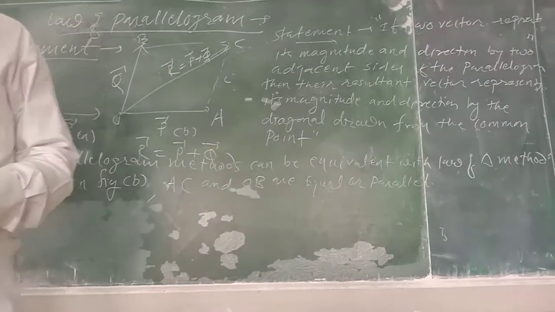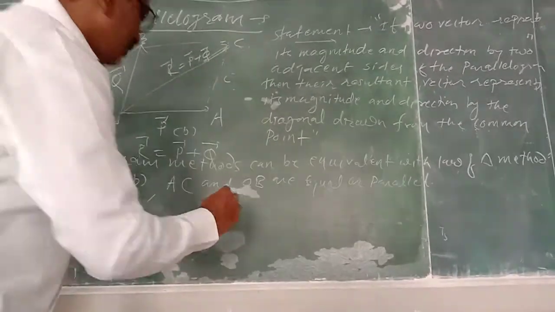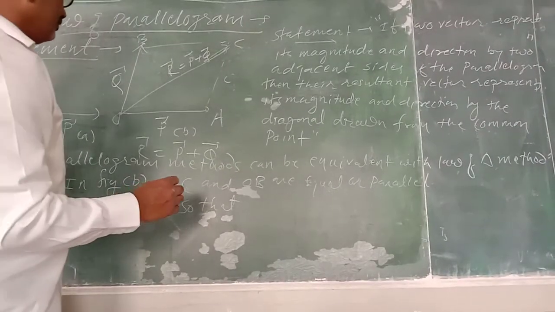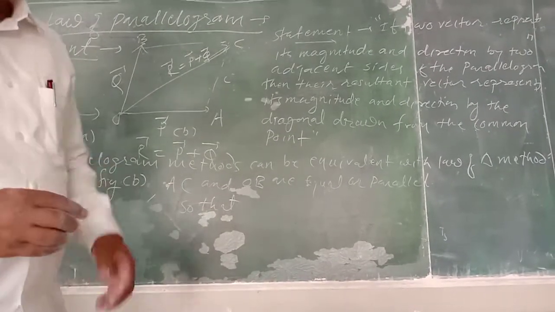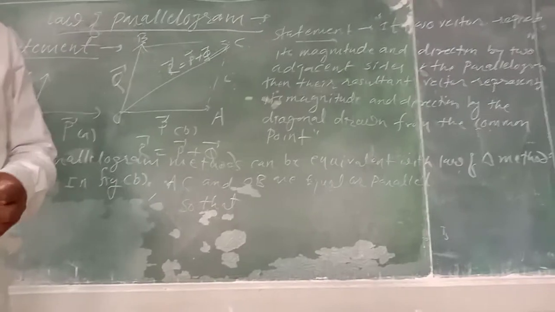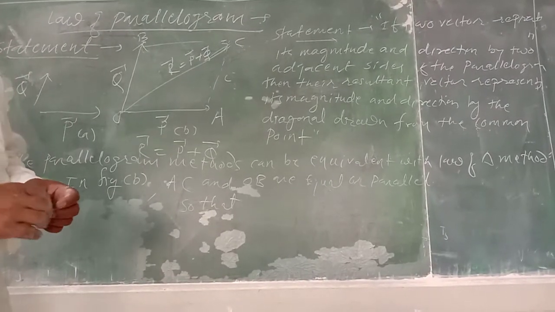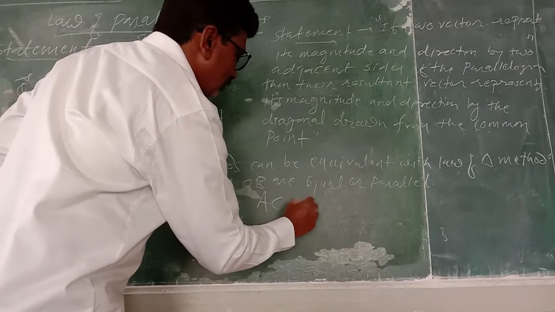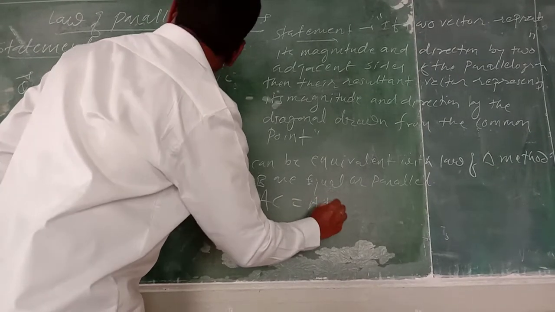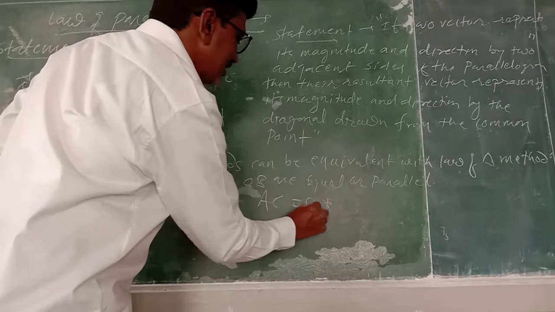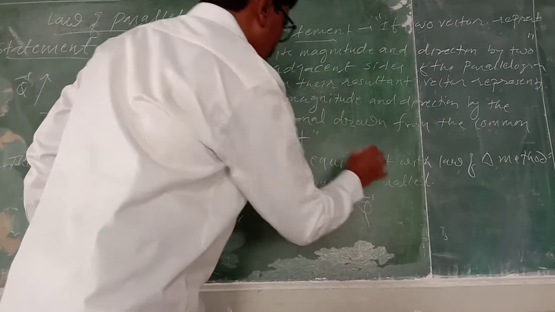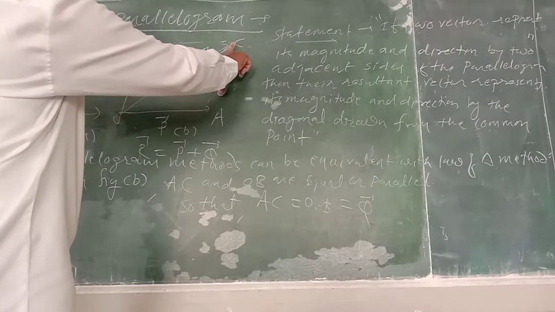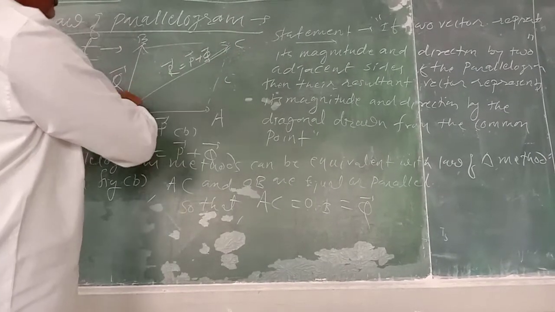Okay, so AC equals OB, and the side equals Q. This side and this side are equal and parallel to Q.